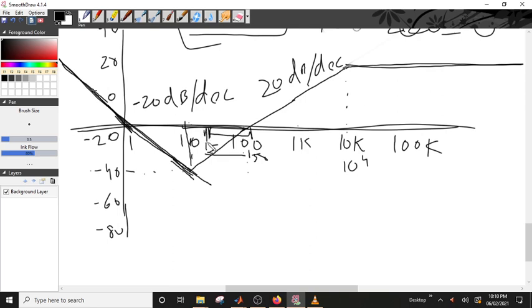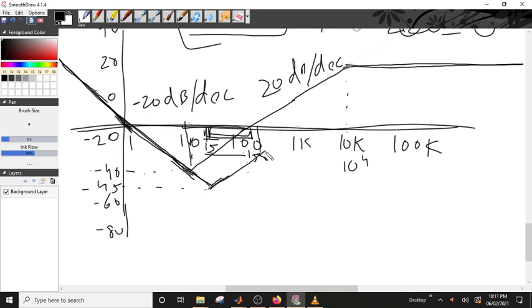But if it was at middle, then it must go from this point onwards to this. So if it is here and this value is 45, and it should go for its decade complete at this 150, right? So at 150 it should move from this point to this point minus 20 dB.